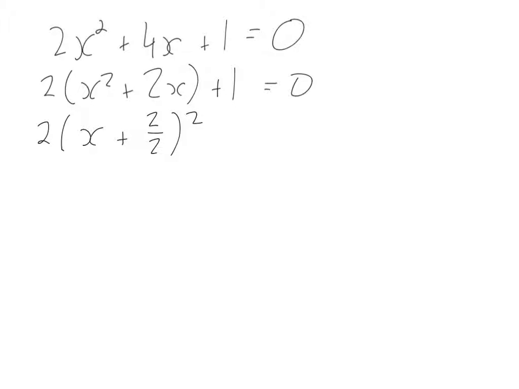Now I guess this is the next bit which becomes tricky, in that we've got the term that we're going to subtract the square of, but because we've multiplied the whole thing by 2, we're going to have to multiply it again by 2 over here. So I'm subtracting 2 times 2 over 2 squared. So the 2 times comes from here, and the 2 over 2 comes from here, squared.